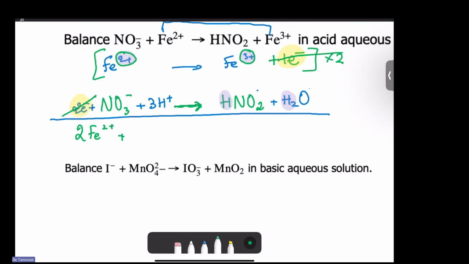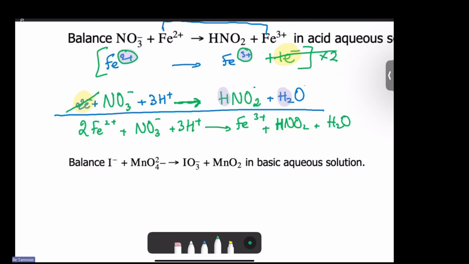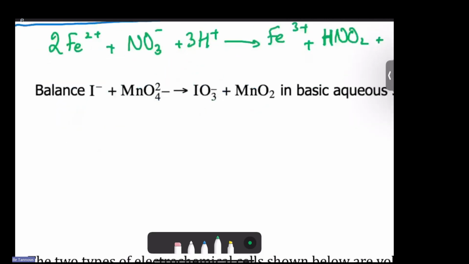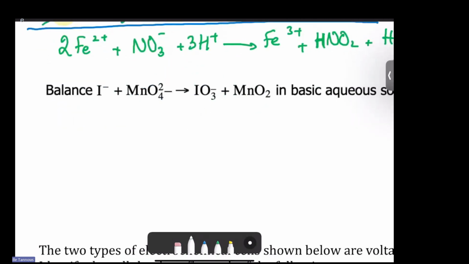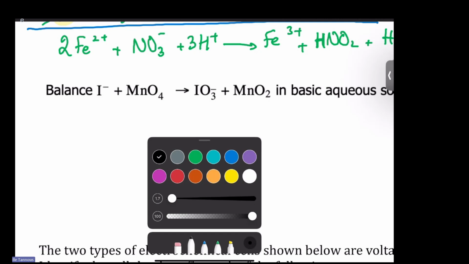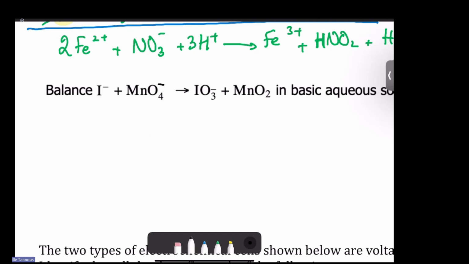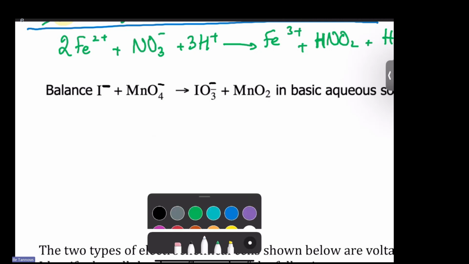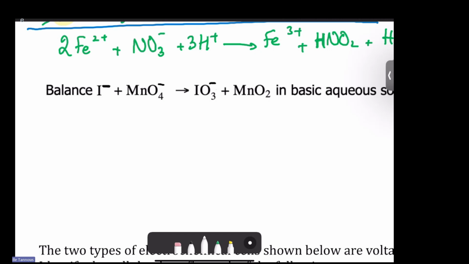Oh, okay. I'm going to give another example. One more example, okay? And here, let me just fix this one. MnO4, IO3 minus, I minus. Miss, you should add 2 Fe3 plus.